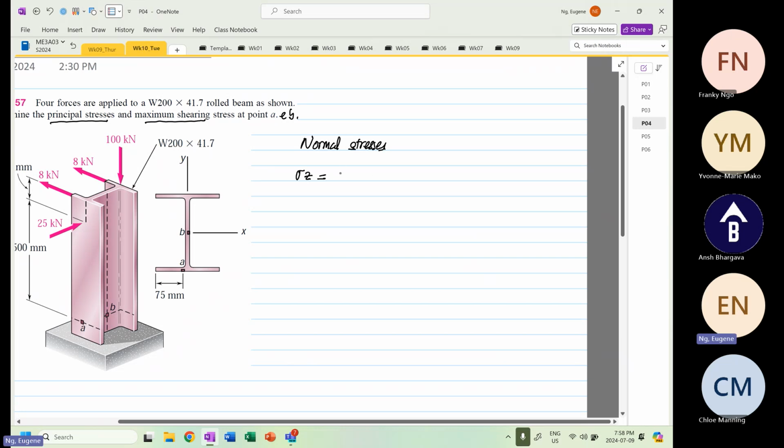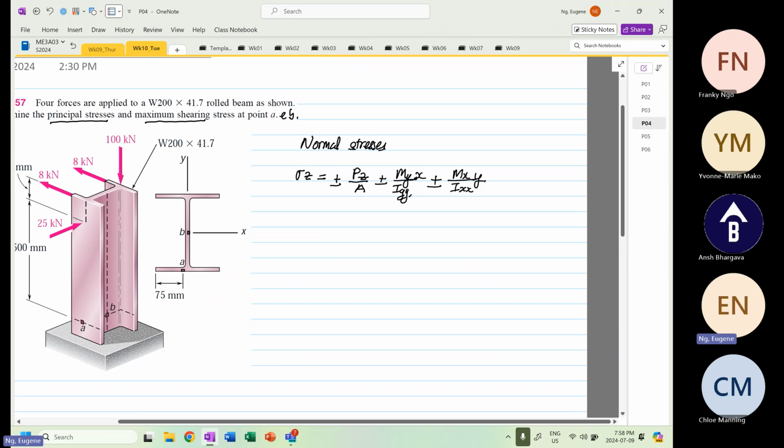It's basically equal to plus minus Pz over A, plus minus My over Iyy multiplied by the distance x, plus minus Mx over Ixx at a distance y.